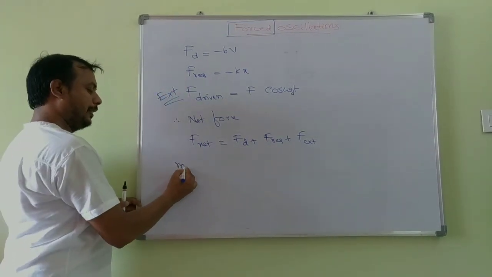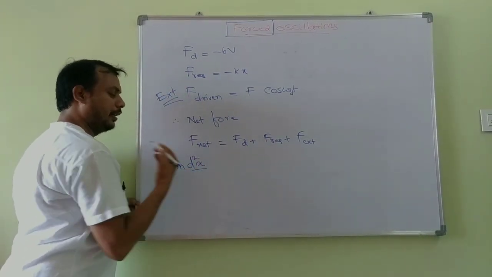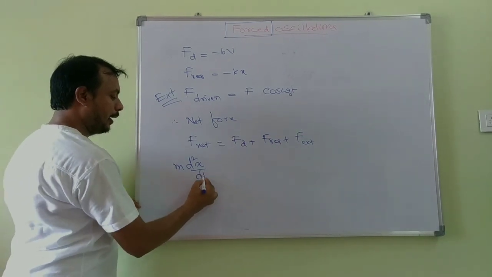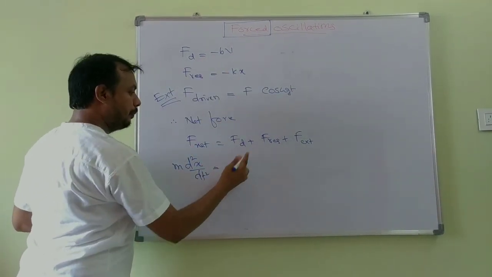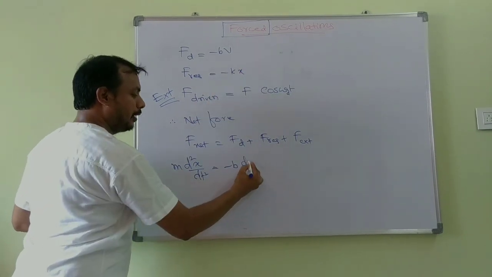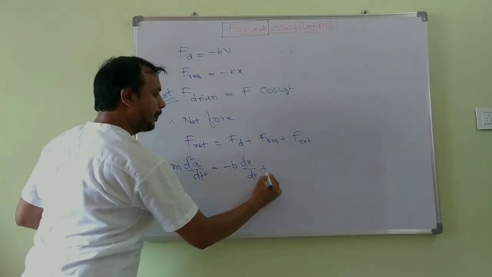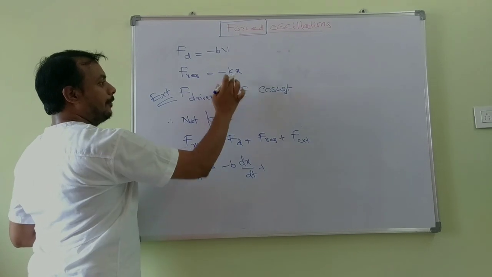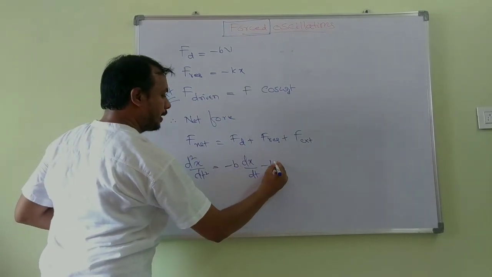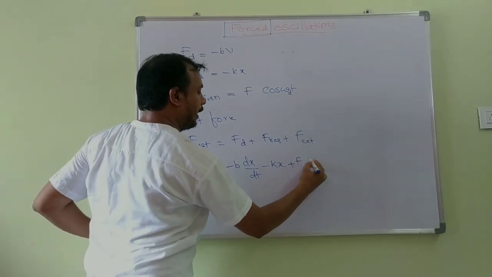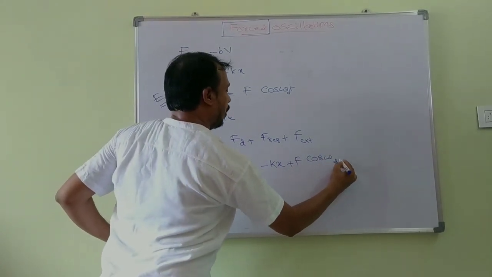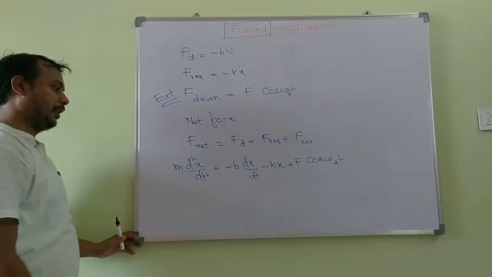Force equation, F is equal to ma, a is nothing but d square x by dt square, equals minus b v, v is nothing but dx by dt, and restoring force, which is minus kx. External or driven force is plus F cos omega d t.